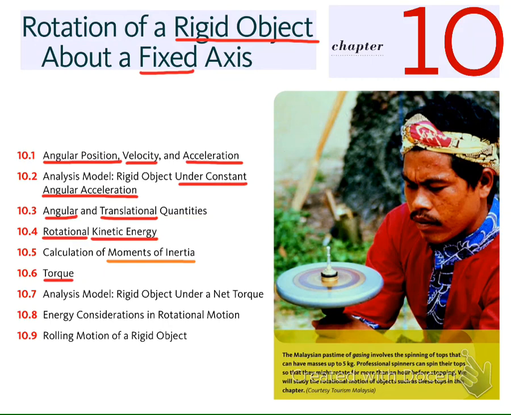So we will look at the relation of the angular quantities and the net torque, and how the torque introduces the angular acceleration into the system, like in the second law of motion, how the force introduces the acceleration to the system.